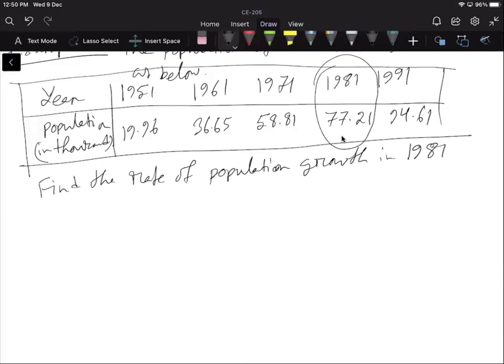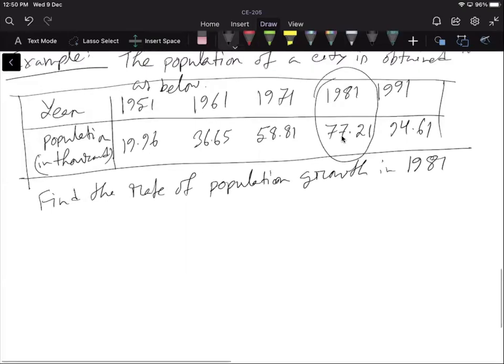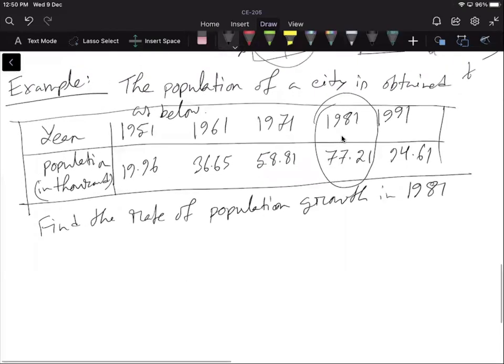At this point, what's the population growth? Which technique or which equation will you apply? First of all, look at your data set. Here it is year versus population, so obviously year is your x, the independent variable, and population varies with time, so it is y, the dependent variable. Look at the years 1951, 1961. That means in this case h is equal to 10.